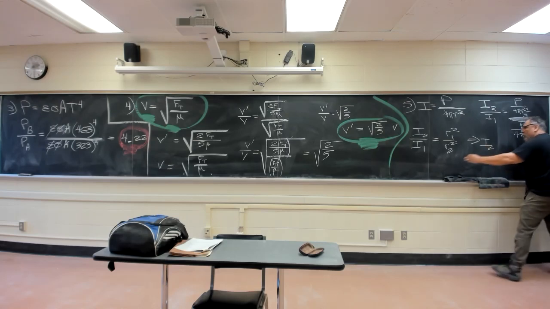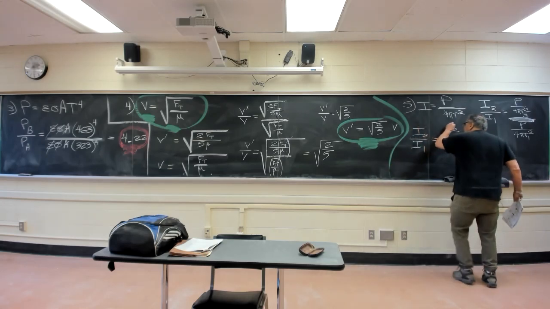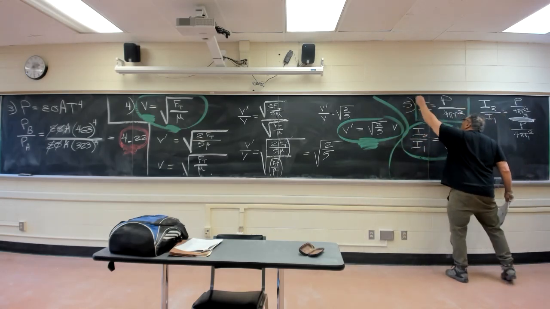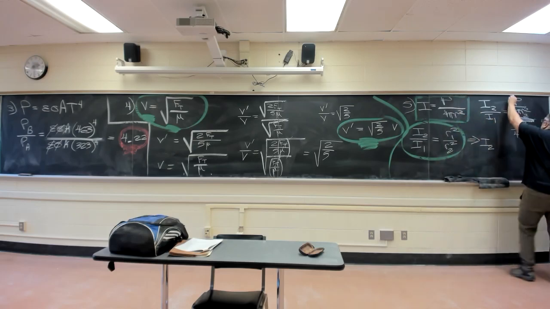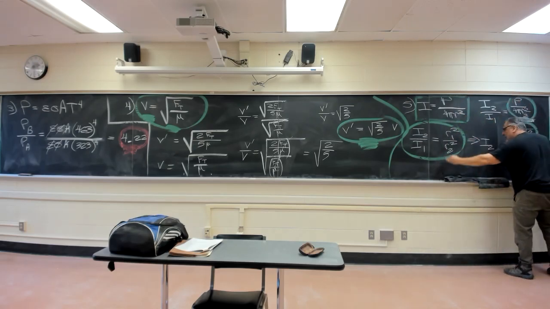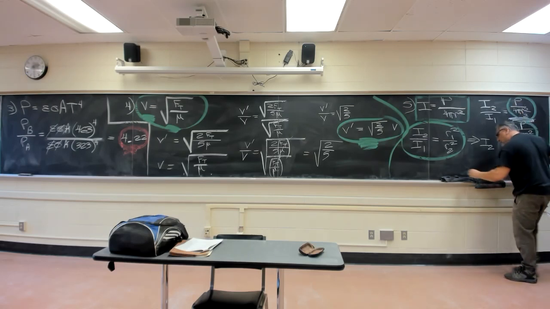Here's the original. You take this and divide it by that to get this. The 4 pi's are going to go, the P is going to go, a whole lot of stuff is going to go, guys.